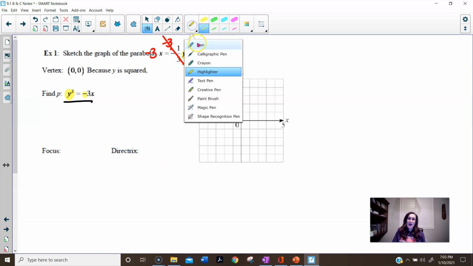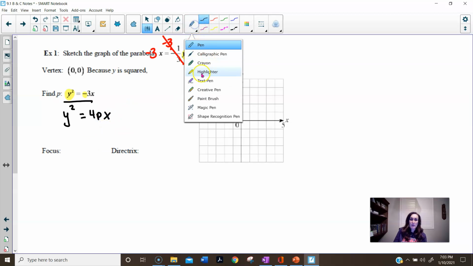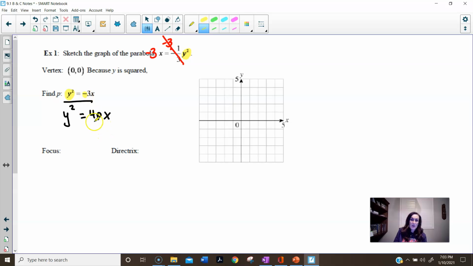So let's figure out what the focus is and what the directrix is. The first thing I want to do is figure out what p is. So the equation is y squared equals 4px. What we're going to do is take this -3, which is in front of the x, and set it equal to 4p, and that's going to tell us what p is.